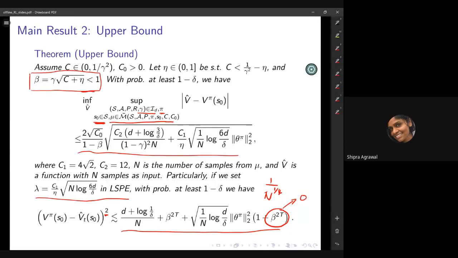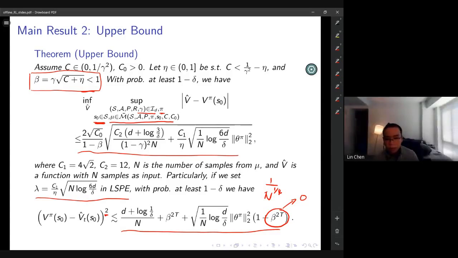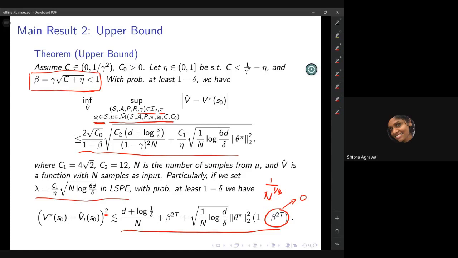Just to get the understanding of where this result falls, do you assume that you know these bounds on the range of eigenvalues, compared for mu versus the policy that you are looking at? Are you referring to the upper or lower bound result? The upper bound doesn't have any of those ranges.